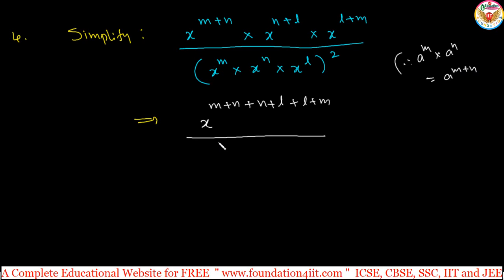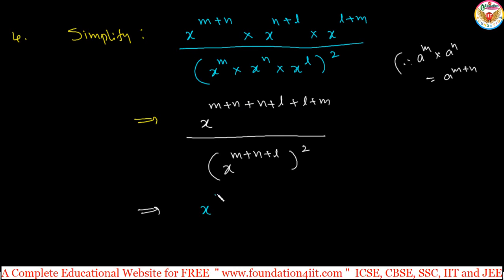So this only we apply. Now the denominator also: x to the power m plus n plus l, whole square. Now in the numerator you can calculate: m two times, n two times, l two times.